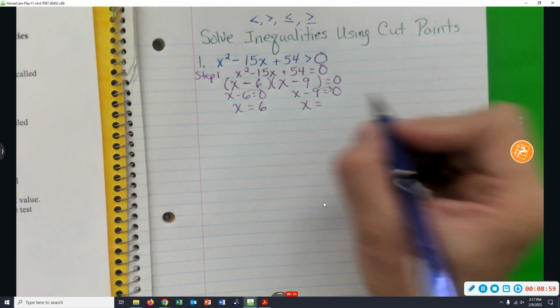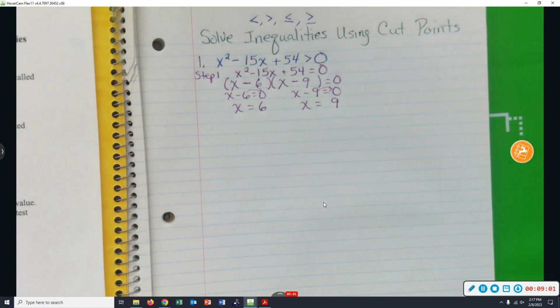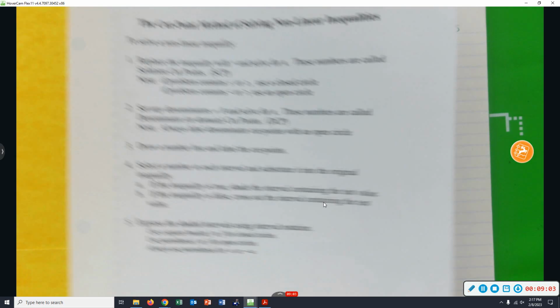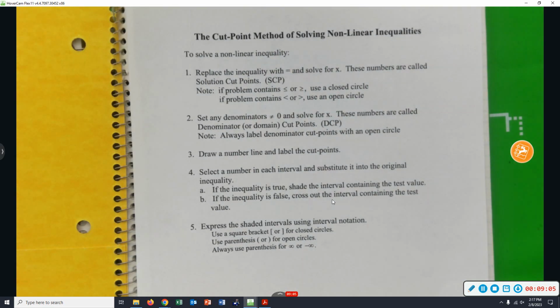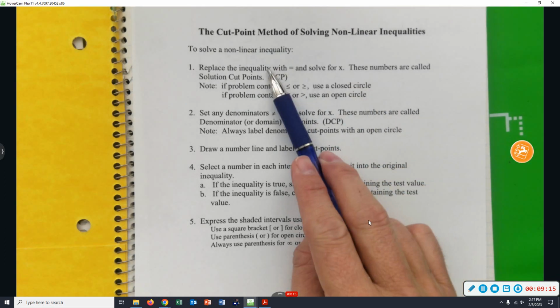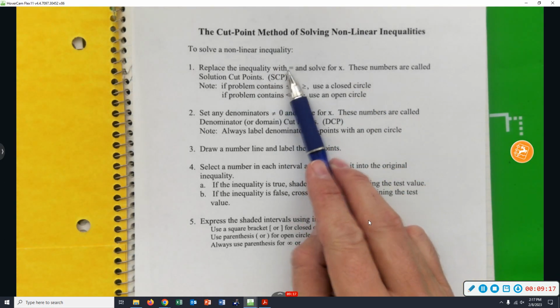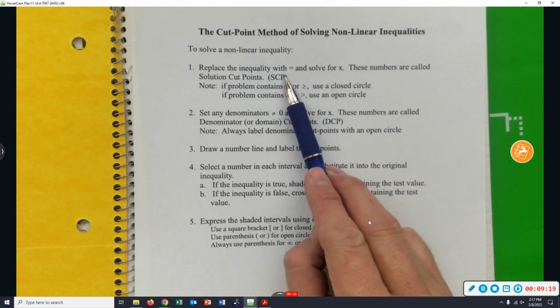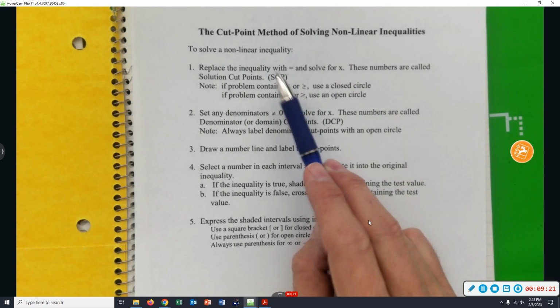X equals 9. Reading our little recipe, we call it a recipe because if you follow it exactly, miraculously, you'll have the correct answer at the end. So, replace the inequality with equal, solve for x. They're called solution cut points.